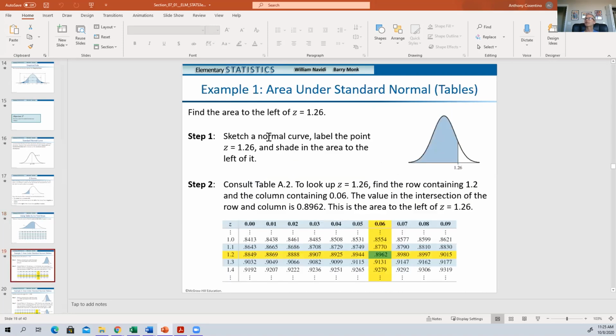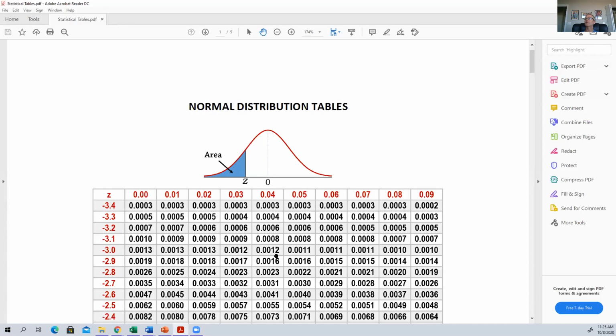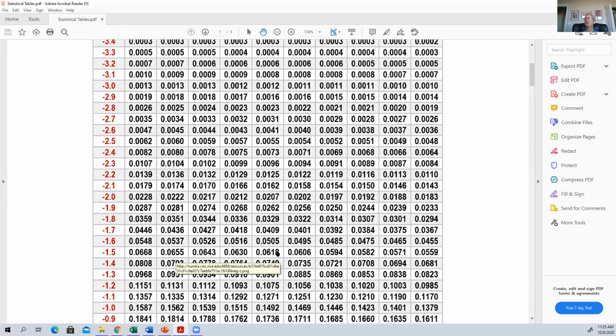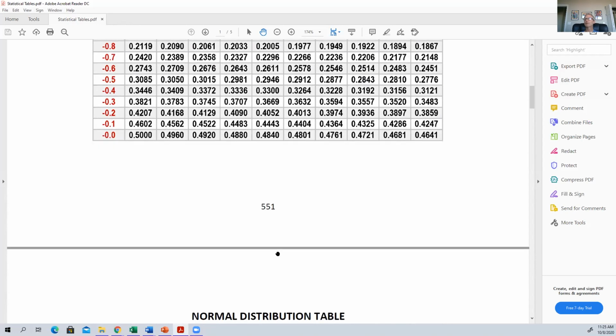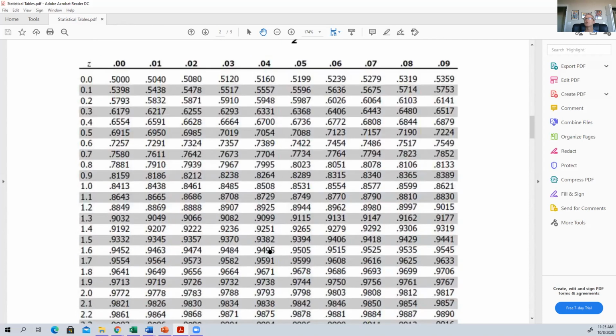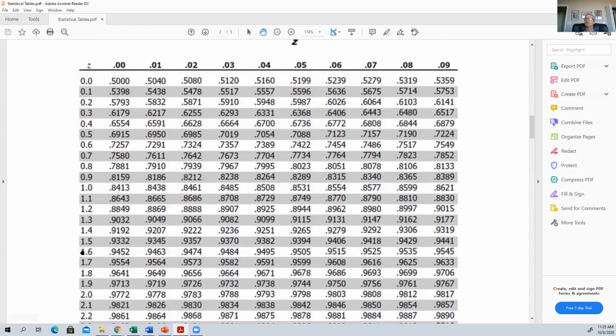So let's take a look at this. So say you have a z-score of 1.26. If you take a look at the table, and here's an example of the table that I've uploaded, you would go down to 1.2, which is right here.